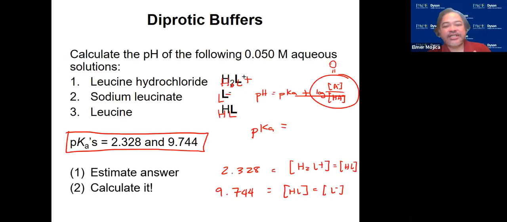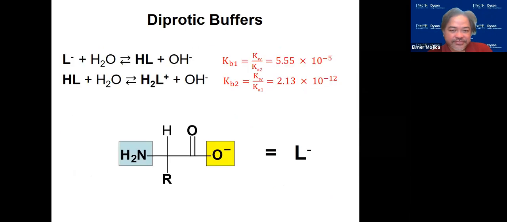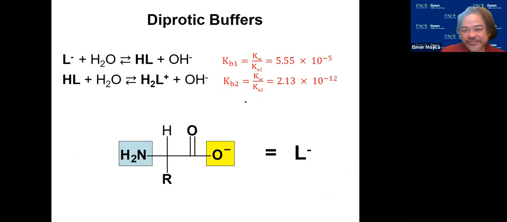So we have this diprotic system. We can also get the Kb1 and the Kb2. Remember, we have a conjugate acid-base pair here. So how do we get the Kb1? It's just Kw divided by Ka2.